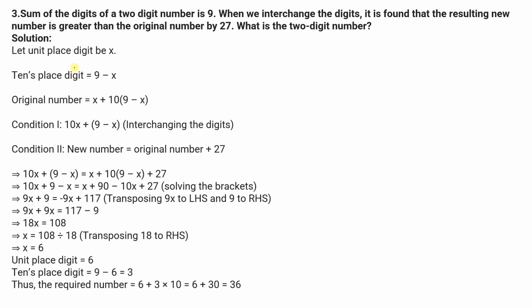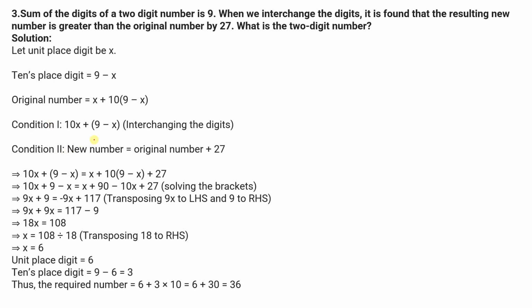Then the tens place digit becomes 9 minus x, because the sum of the digits of a two-digit number is 9. So if one digit is x, then the other tens place digit would be 9 minus x, since the sum is given as 9.